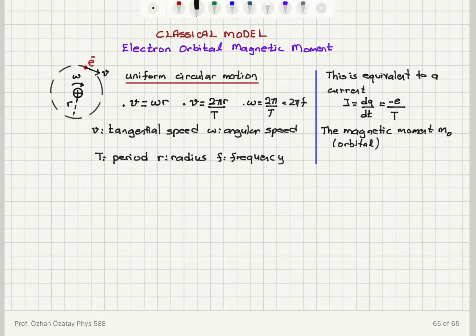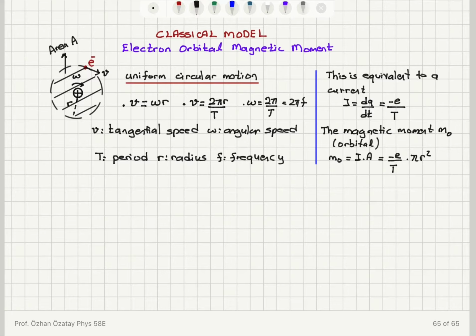This is going to be equal to the current times the area of the loop. So you have a current loop with area A, and it has the charge flowing in one revolution, in one period. So we have minus e over the period as the current that we're creating, and the area is pi r squared.